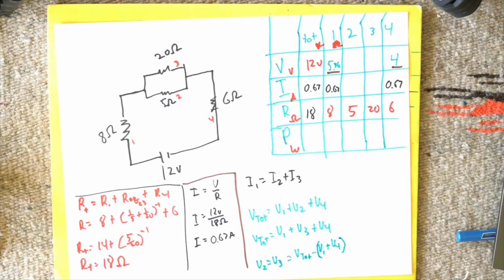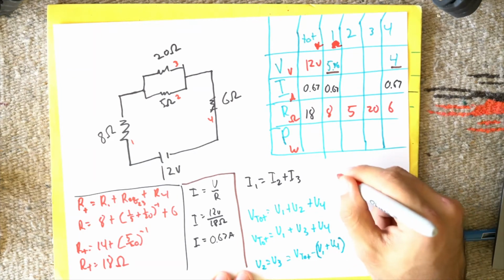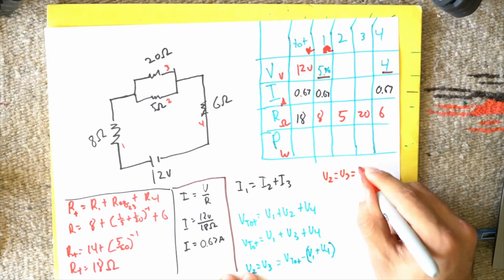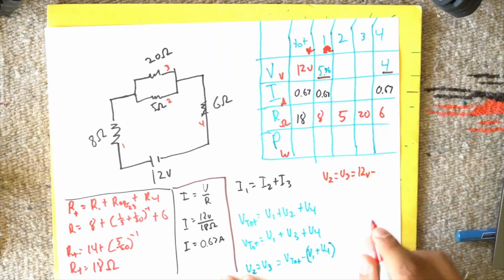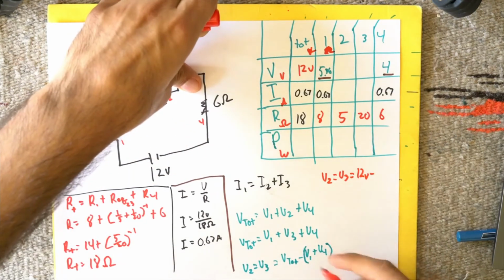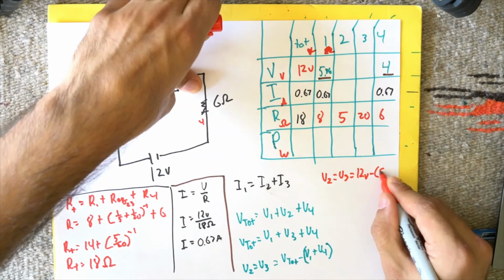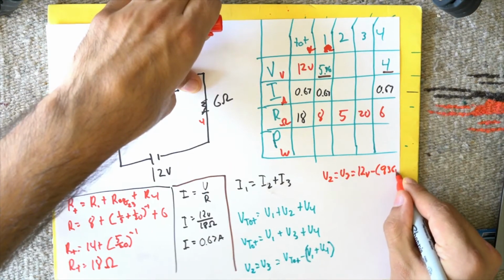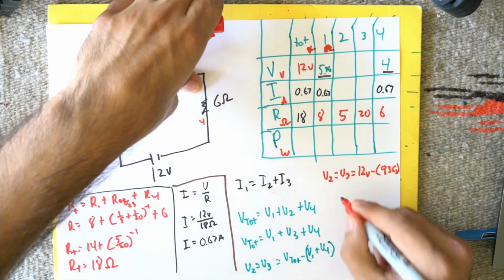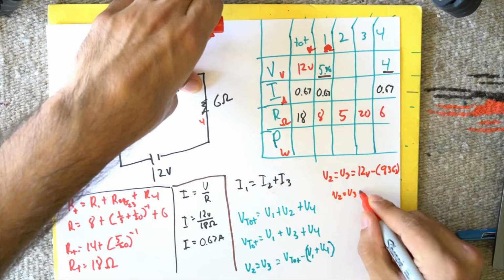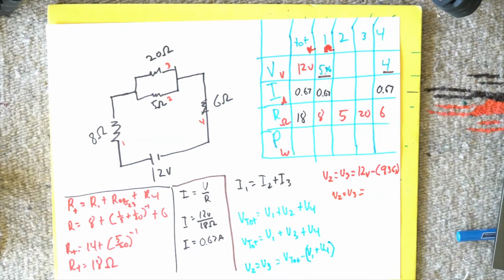So let's do that real quick. So V2, which equals V3, is going to be equal to 12 volts minus the sum of both of these. So that would be 5.36 plus 4, 9.36 volts. So V2, which equals V3, is going to equal what?